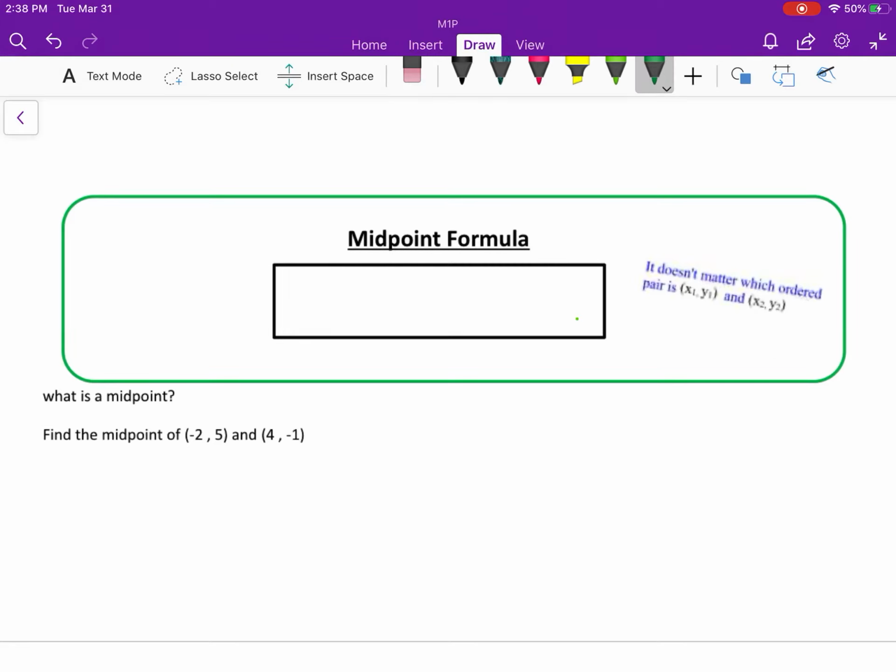Midpoint, the idea, what is midpoint? It's the middle of something. Okay, usually between 2 points.